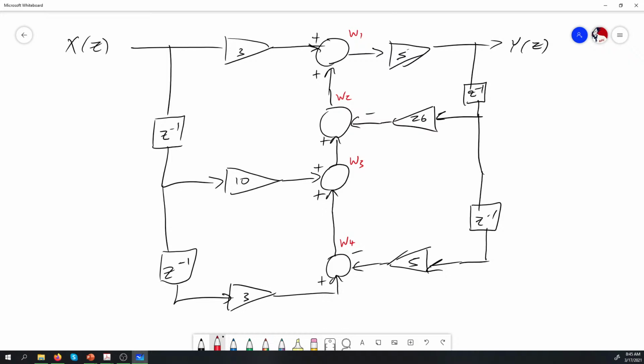Alright, and then for each one of these junction points, I'm going to put in my delay level so that I don't get confused. So this one here is going to be z to the -1 X of z.